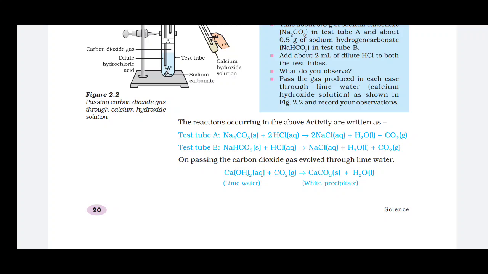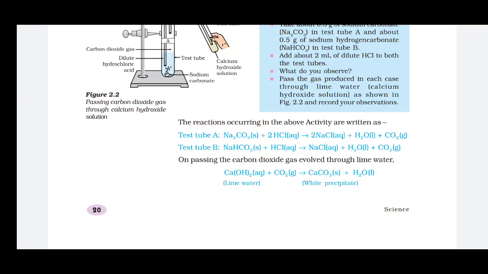The same products we are getting in both the test tubes, but the molecules are different. Now on passing carbon dioxide gas through the calcium hydroxide in the test tube, you will get calcium carbonate and water.